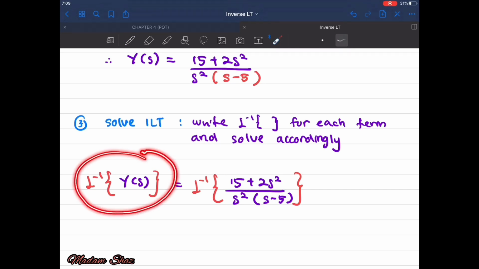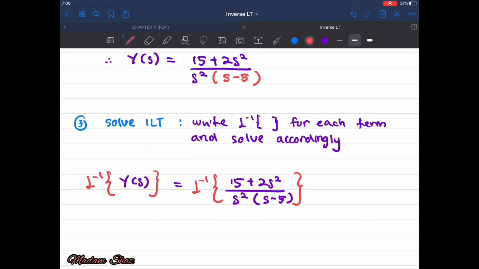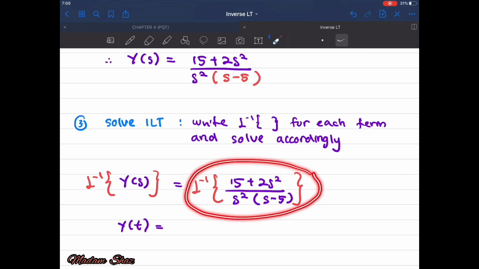Laplace inverse of Y(s) will become y(t).